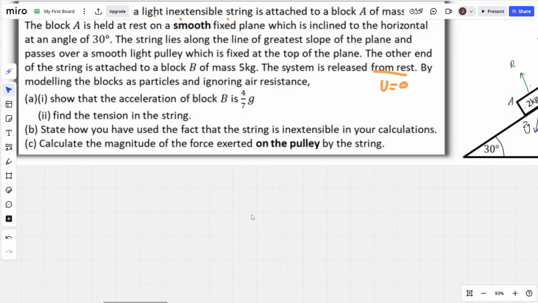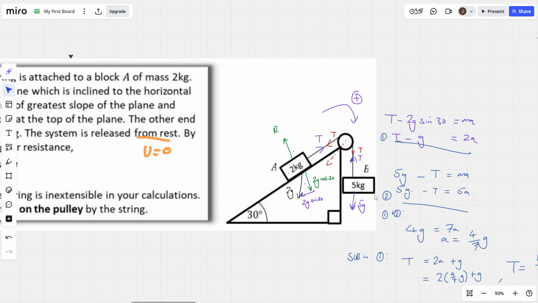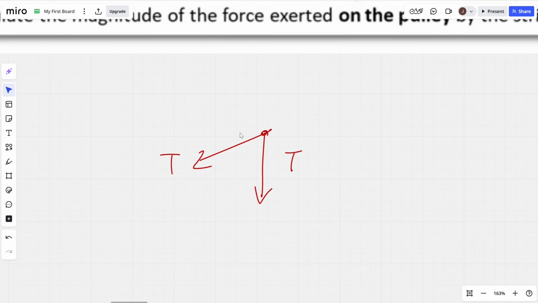Okay. So I'm going to just draw the pulley separately. So if I draw the pulley here, what were the forces? There was a T going on like this, and then there was a T going like this. Any angles? Right. So that angle at the top there is 30. Yeah.